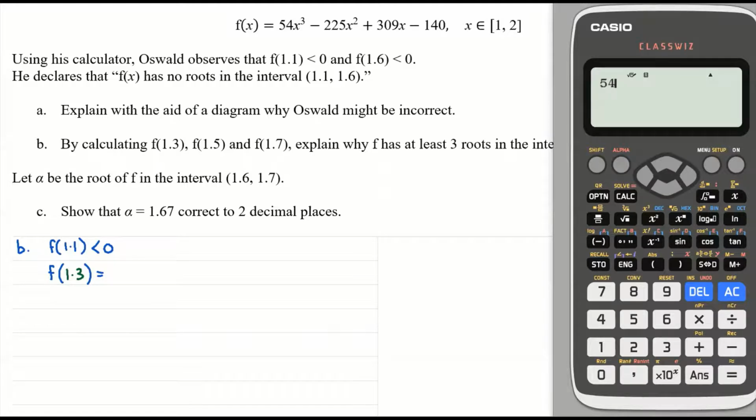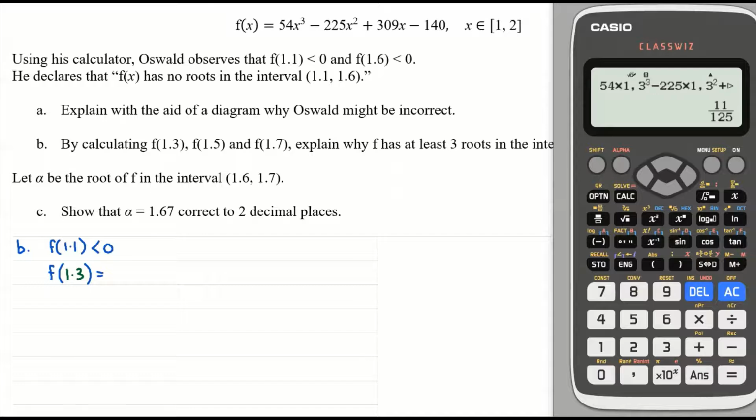So if we do 54 multiplied by 1.3 raised to the power 3, it's cubed. Subtract 225 multiplied by 1.3. This time it's squared. Okay, and then we're going to add 309 multiplied by 1.3, and then subtract 140.